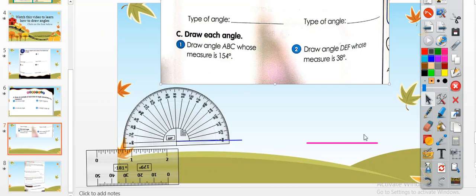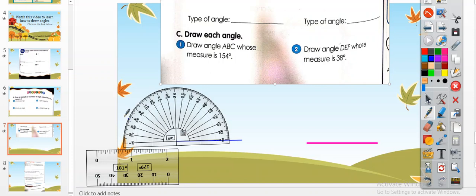Yep, here we are. Then bring the pen, and where is the 154? Remember to start counting from the 0. 0, then 150. 154 is here. No, I need the 154 only.